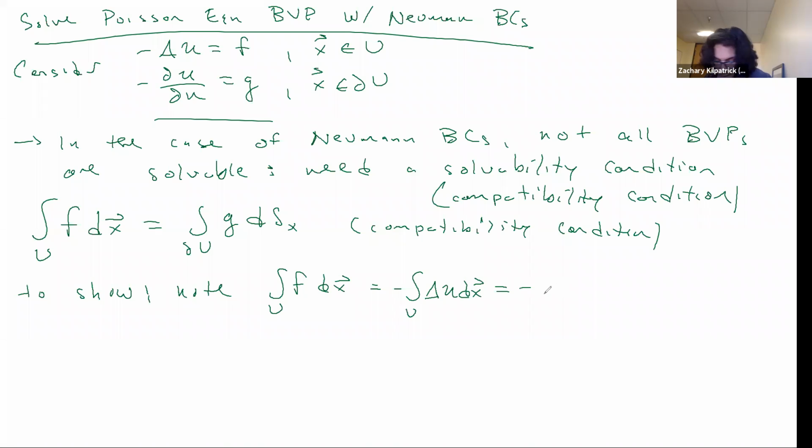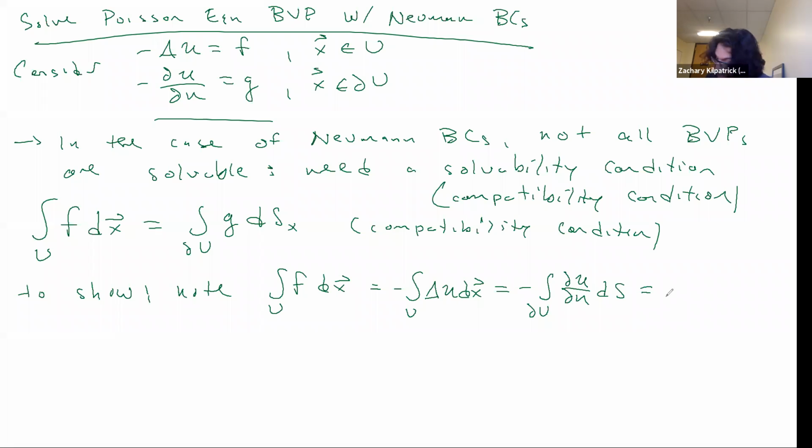And then using Green's first identity, okay, we can say that that integral essentially is equal to just the integral over the boundary, or divergence theorem, multiple ways to get that result.